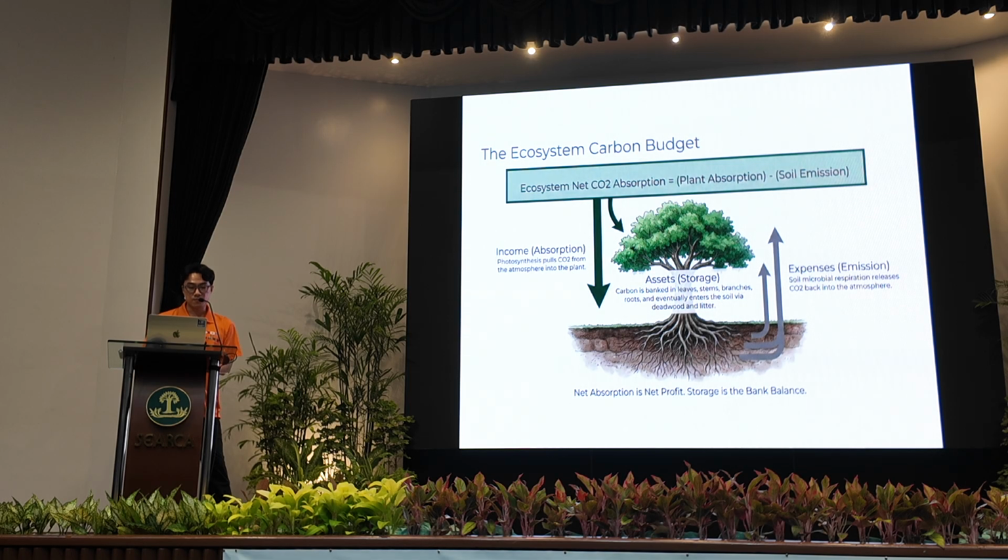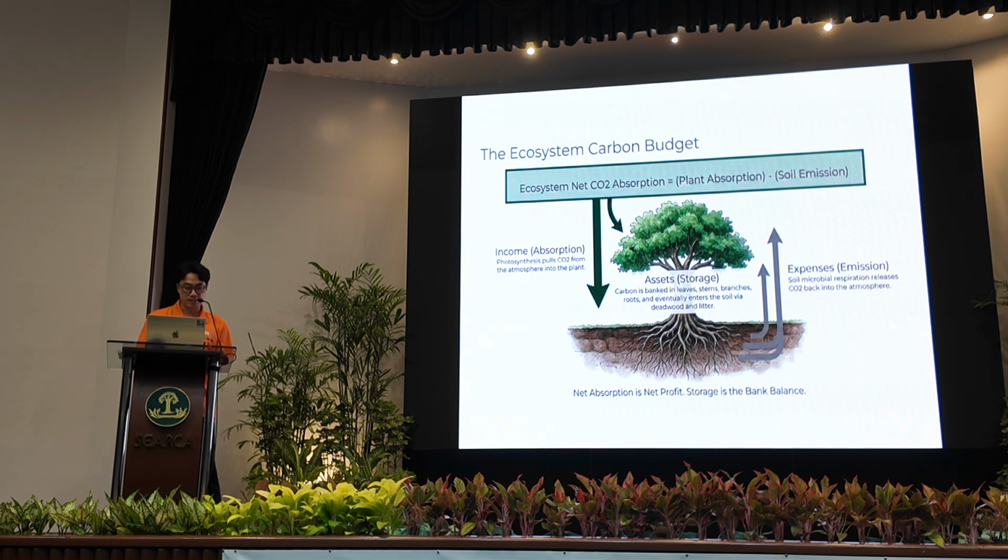So we define this as expenses. Ecosystem net CO2 absorption equals plant absorption minus soil emission. So this is the net profit. The carbon banked in leaves, stems, roots, dead wood, and soil is the storage, or assets.